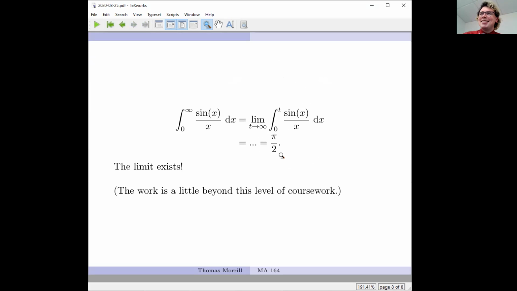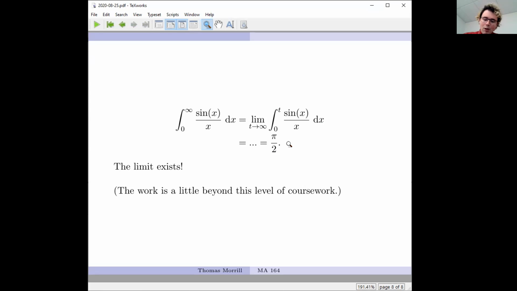That is the net area. So if you painted all of the blue above the x-axis and all of the red below the x-axis, there would be pi over 2 units of area more on the blue side. That's one way to think about this. And again, we need to be careful here because it's the limit that lets me make sense out of that idea.